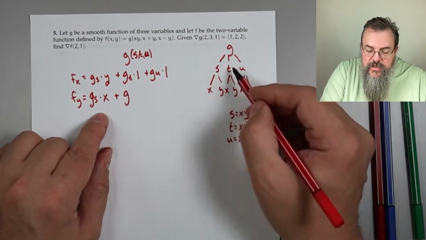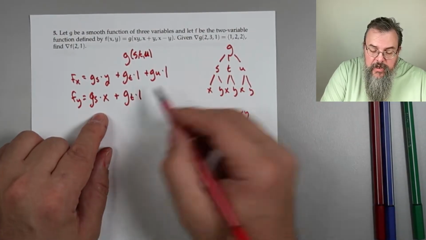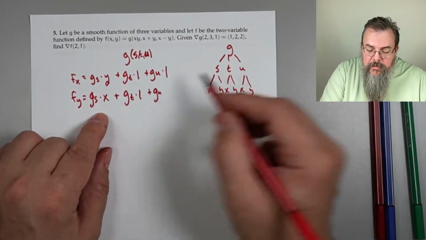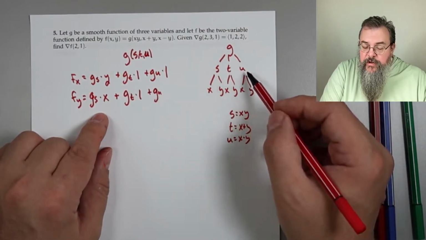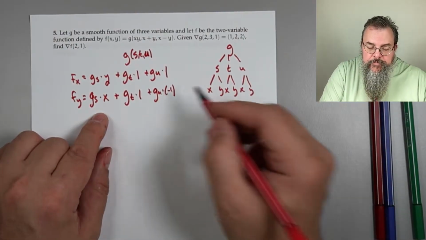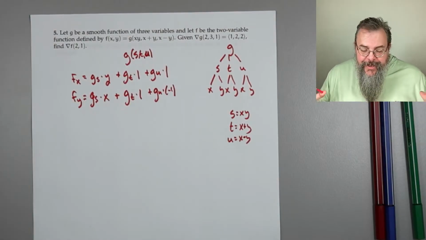And then we have g sub t, and the derivative of t with respect to y is 1. And then we have g sub u, and the derivative of u with respect to y is minus 1. All right, now we're almost there.